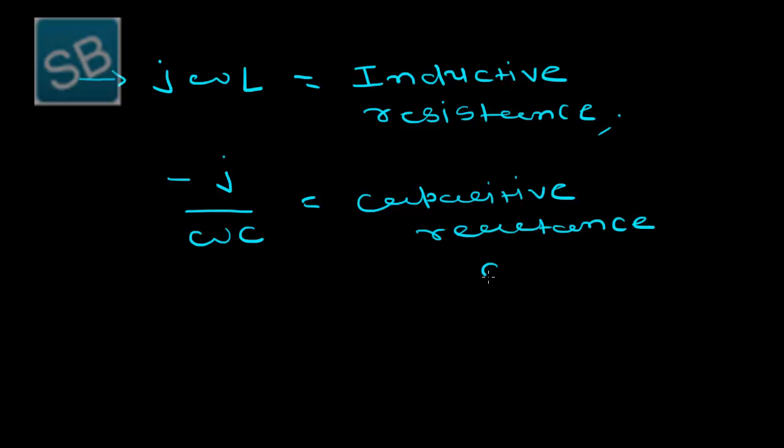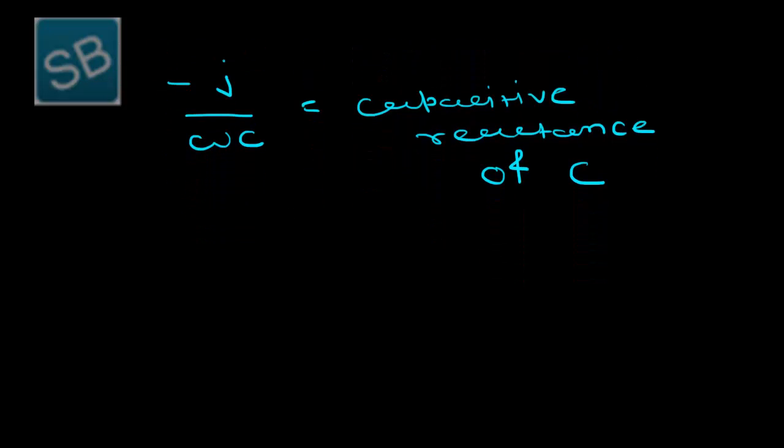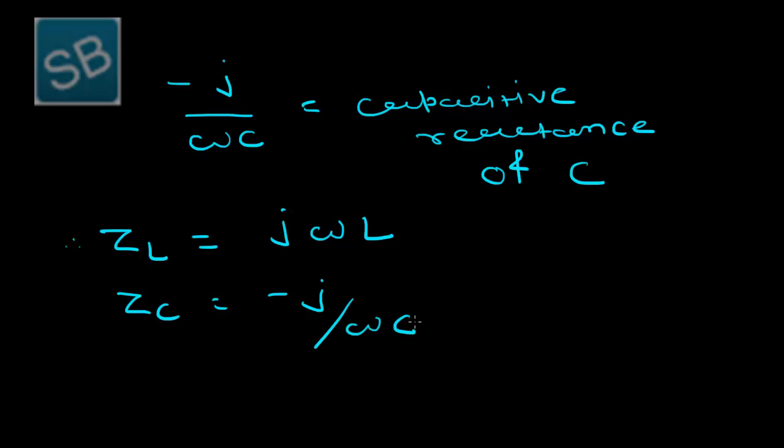This reactance is always of the capacitor C, and we can use the symbols ZL and ZC for denoting them. Therefore ZL equals j omega L and ZC equals minus j over omega C.